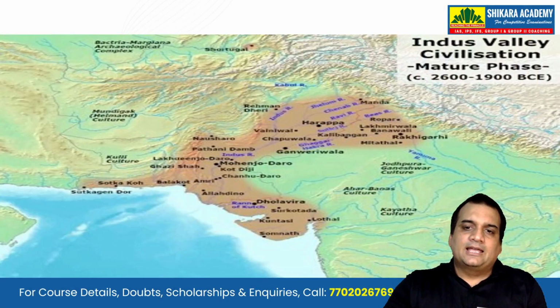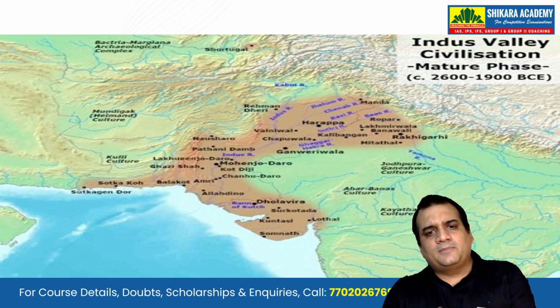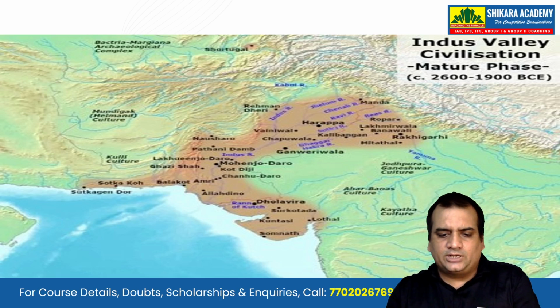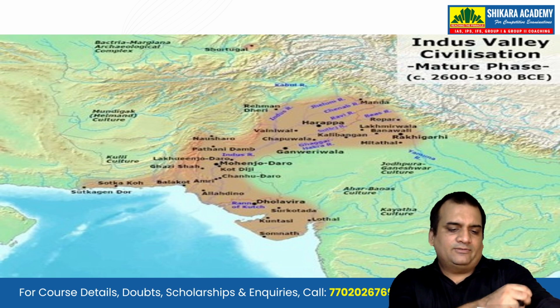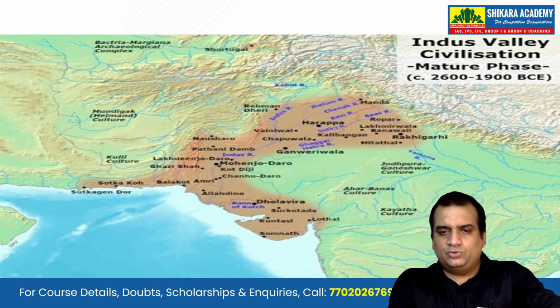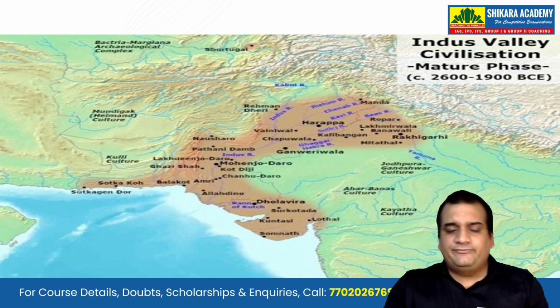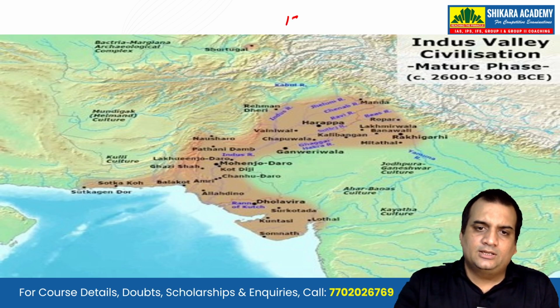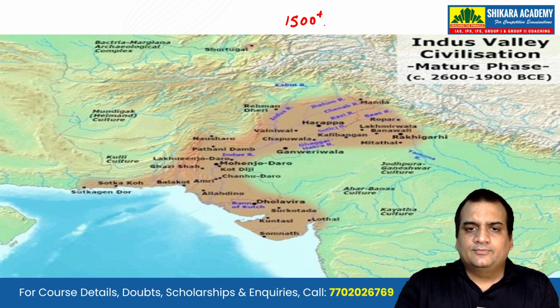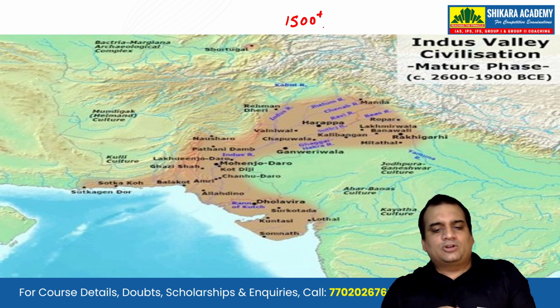Now let's come to the map and see some of the very important parts of the Indus Valley civilization. First and foremost, you must know that there were more than 100 sites, and the numbers are still increasing, not decreasing.